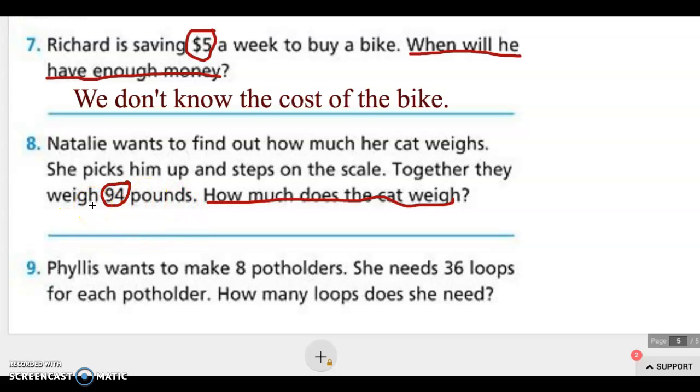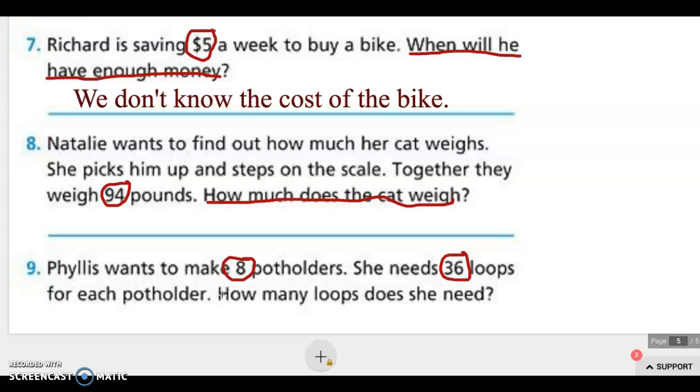For the last one here, Phyllis wants to make 8 pot holders. She needs 36 loops for each pot holder. So 8, 36 loops. How many loops does she need? Okay, so here I do have more than one piece of numerical data. So I should really consider, I probably have enough to solve this.